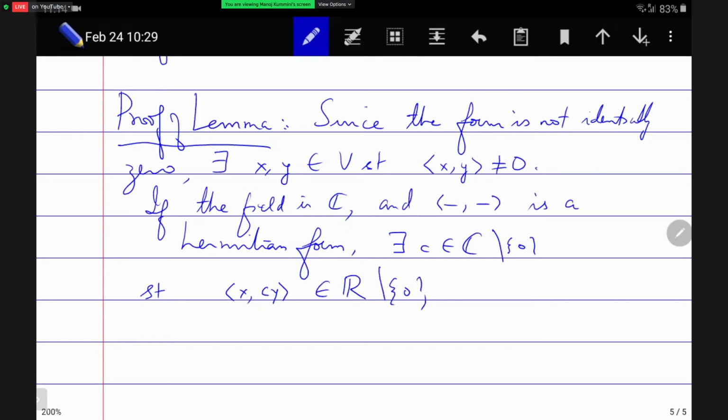That is because in the second factor, it is linear.